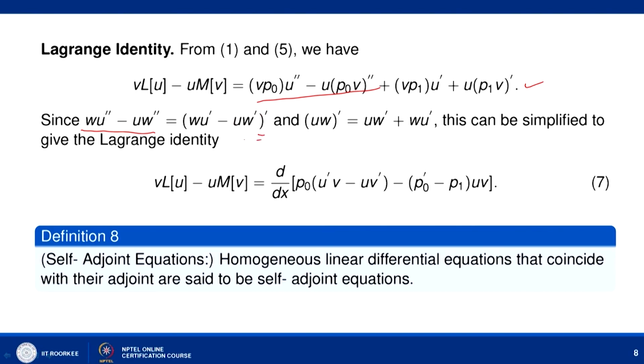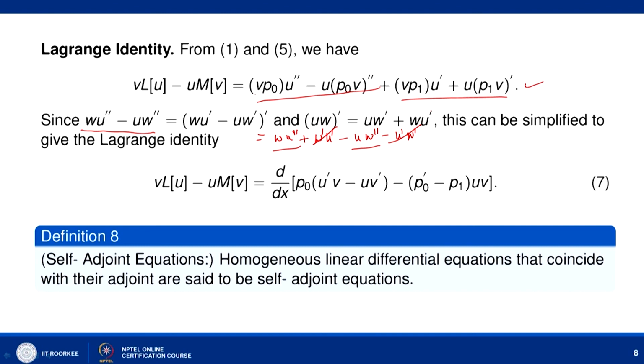If you simplify this, it is W U double dash plus W dash U dash minus U W double dash minus U dash W dash. Now this will cancel out and we have W U double dash minus U W double dash, which is what is written here. This is simply the product rule for derivatives.